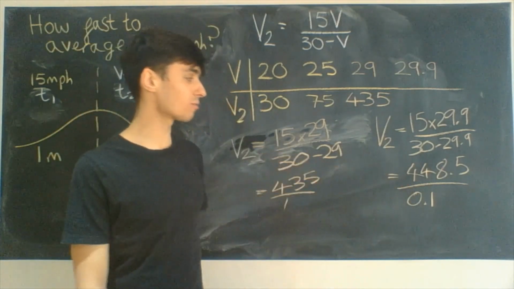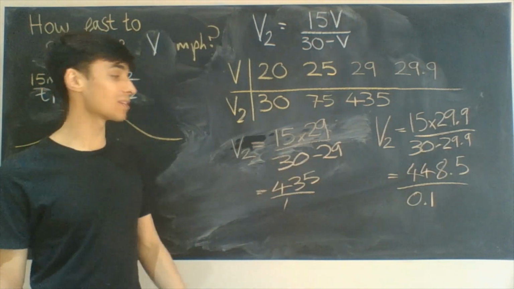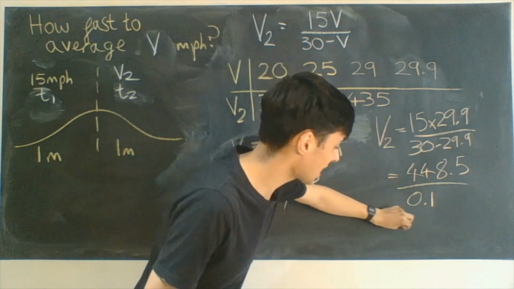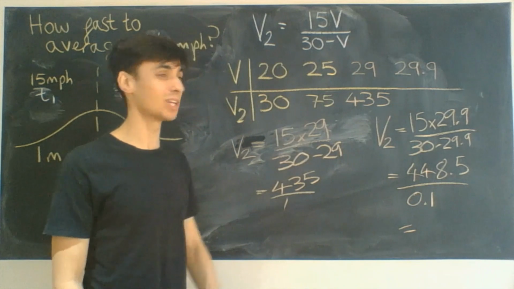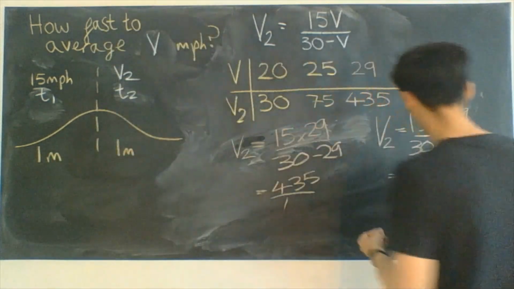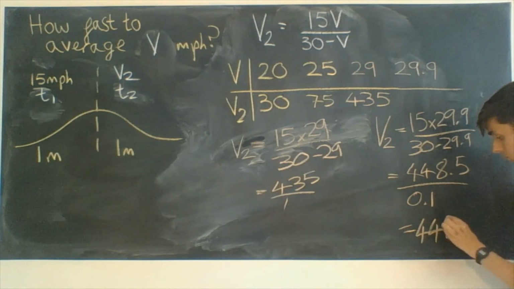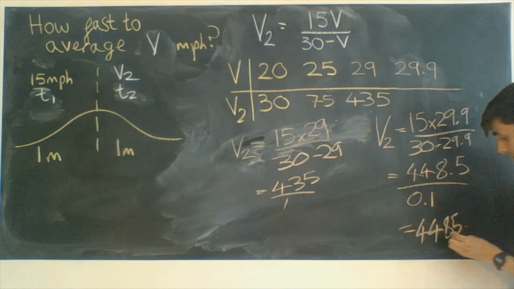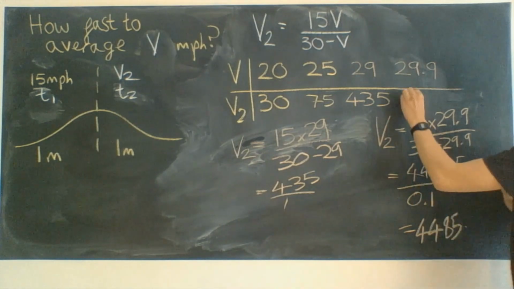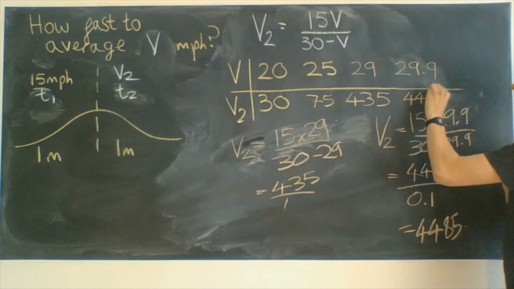So 448.5 divided by 0.1, well, that's the same as timesing by 10, isn't it? So we're going to get 4485.